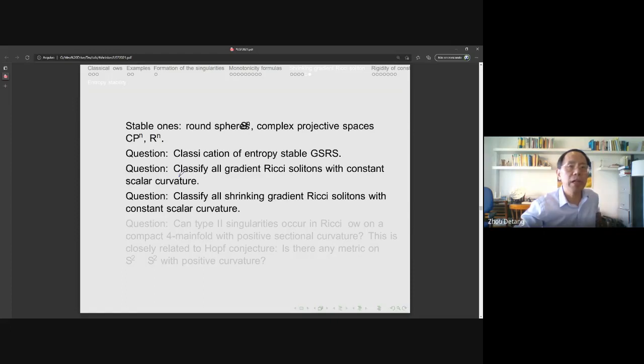For example, can we classify all gradient Ricci solitons with constant scalar curvature? Also, if we want to classify all the Ricci shrinking solitons, we need to classify all shrinking Ricci solitons. If you cannot classify this, can you classify the shrinking ones with constant scalar curvature?